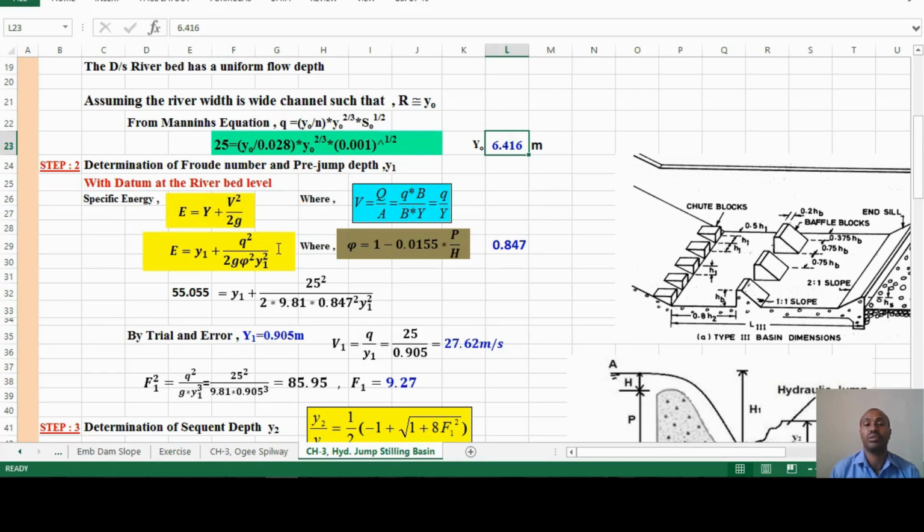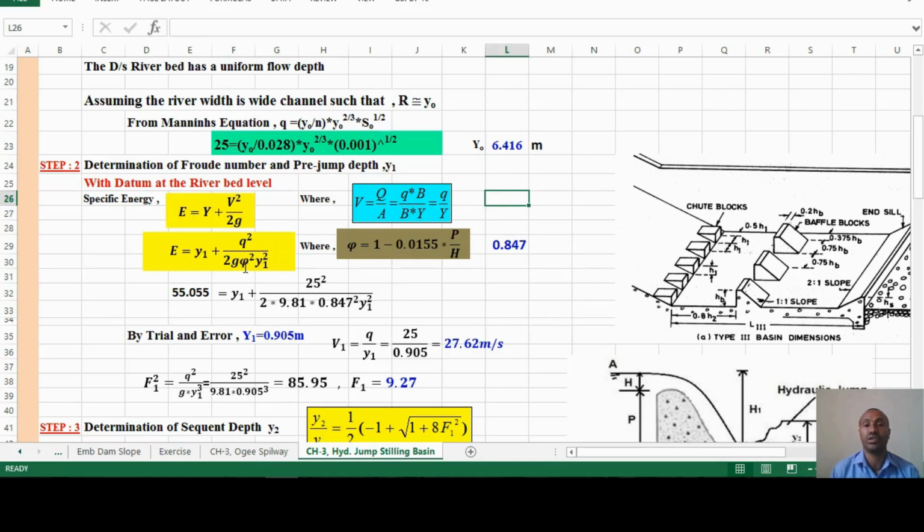Then you calculate V as Q over area. Q means small q times the width of the spillway, and area means B times y, so B cancels and V means q over y. You can substitute q over y instead of V, and once you substitute, you get this equation.